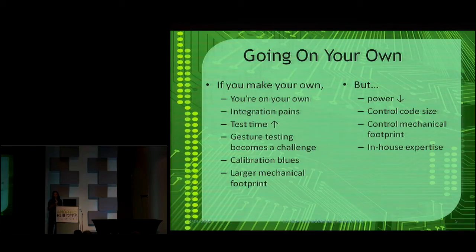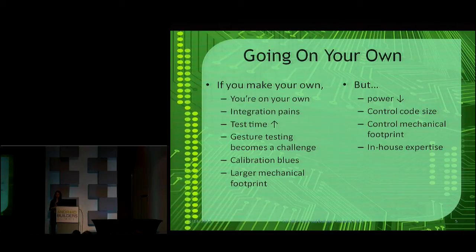You're going to have integration pains. Every time they make a new drop, you have to integrate. That takes time. That may take an entire person in and of itself on your team to do. Your testing time's going to go up because you have to test everything that you've created, whereas taking whatever you've gotten from the vendor may already be good enough. So you need to have a larger QA staff.